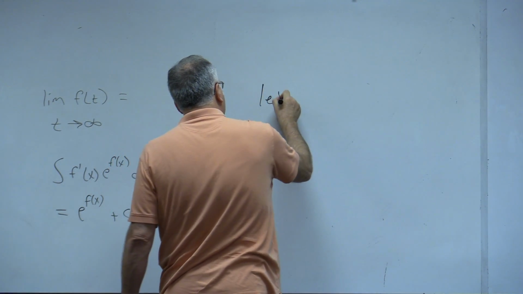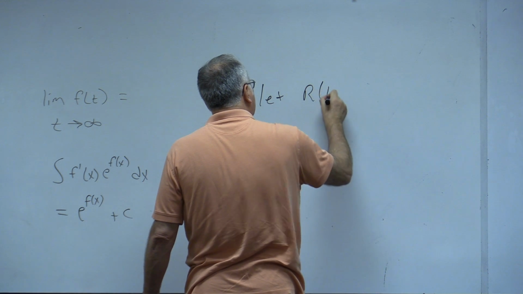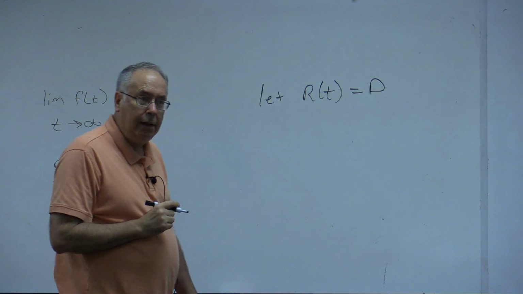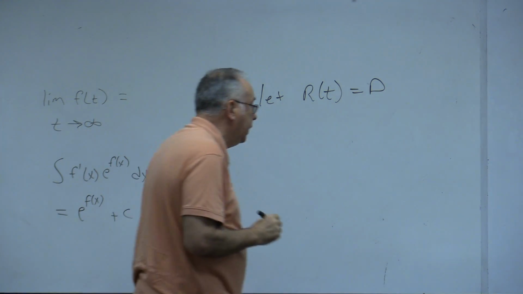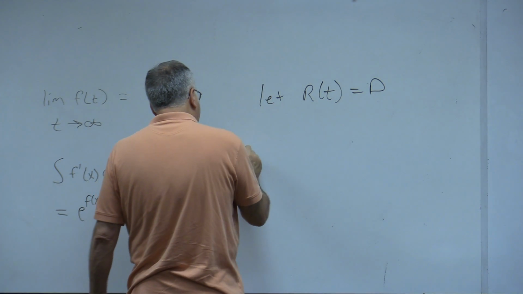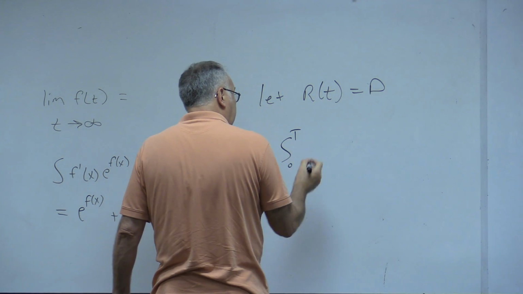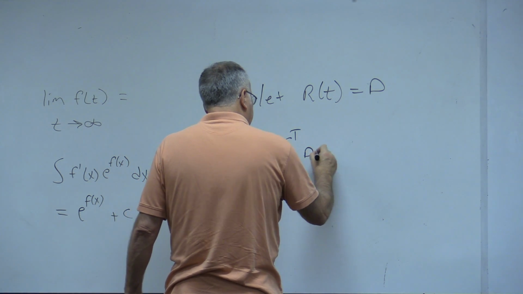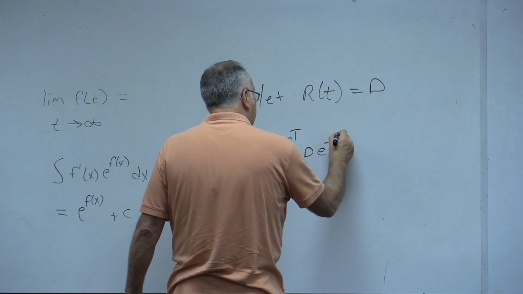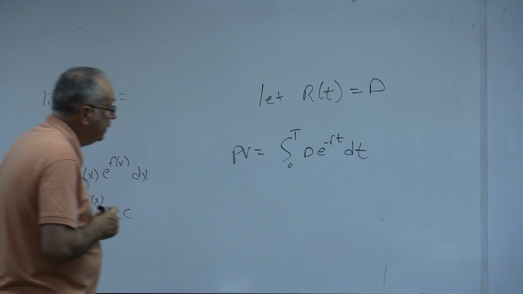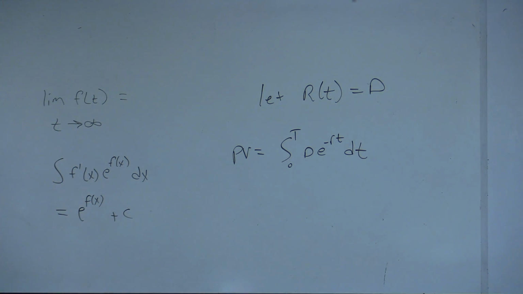So we let R of t be just some constant d. Then the present value of this revenue stream is just the integral from 0 to T of d times e to the minus rt dt. That would be the present value of that continuous stream of revenue d per year.